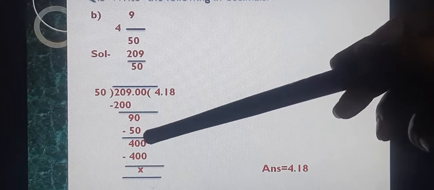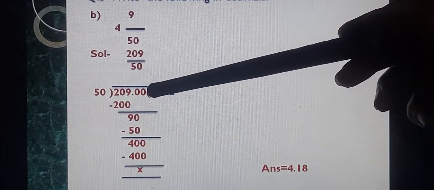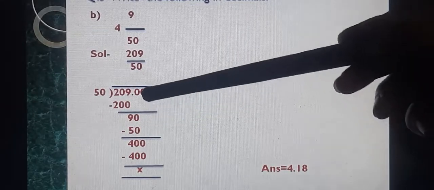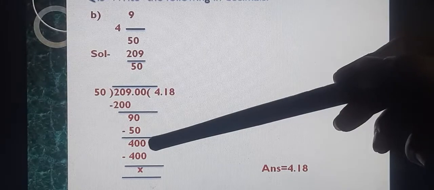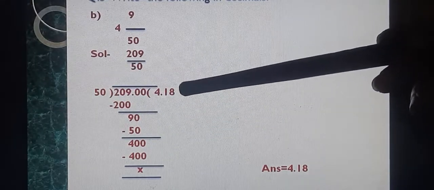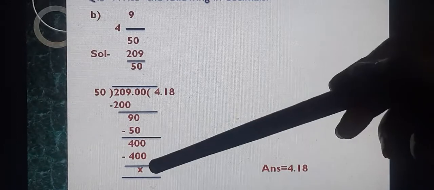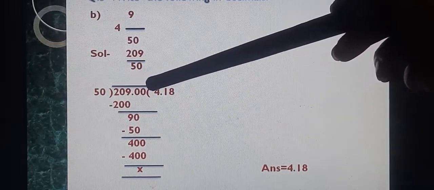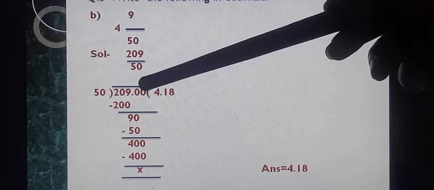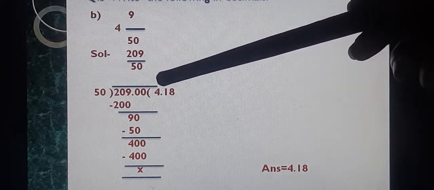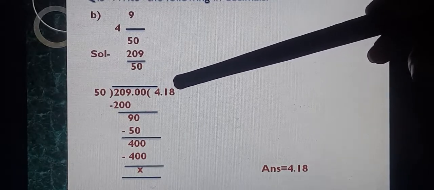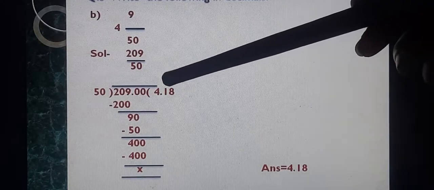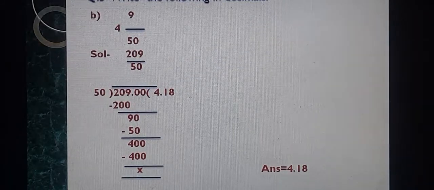Again remainder is left, 40. So take one more 0 in your dividend. Zeros have to be taken until your division is complete. Right? So now we will take this 0. Now number has become 400. 50 8s are 400. 400 minus 400, 0. Now remainder is 0. After decimal in dividend there are 2 digits. Okay. So here we have 418. We will start counting from ones place. Ones, tens, then we will put decimal. So our answer will be 4.18.